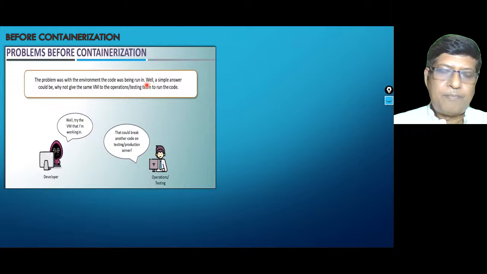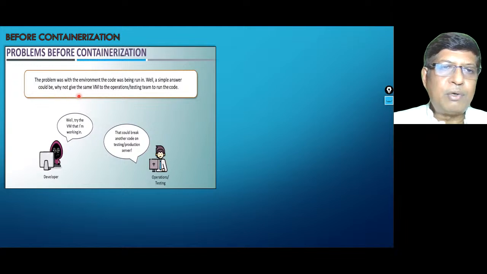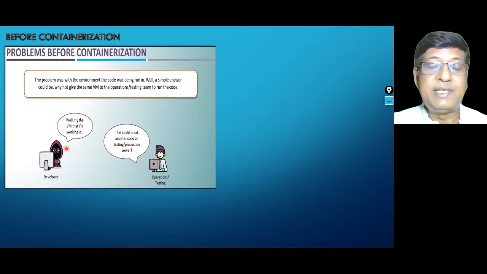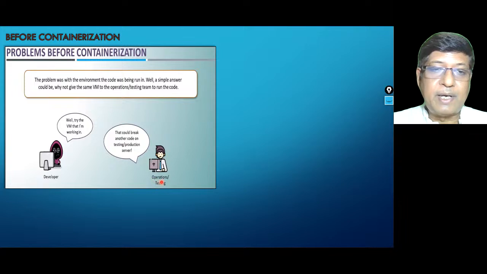Well, a simple answer could be, why not give the same VM to the operations or the testing team to run the code? Well, try that, but a VM is big. The size is too big. It will not be portable to the operations or the testing guys.